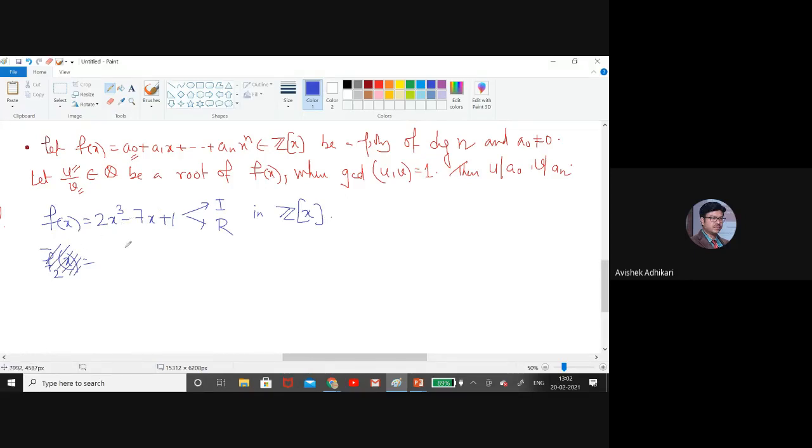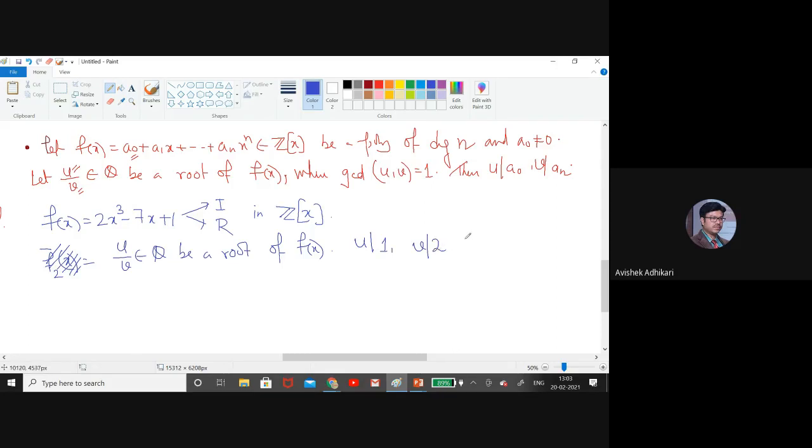If you use p equal to 3, you may get some result, but here you may use this theorem. What it says is, let u by v be a root of f(x). Then according to this definition, what is your conclusion? u must divide the a0 term, that is 1, and v must divide the highest coefficient, that is 2.